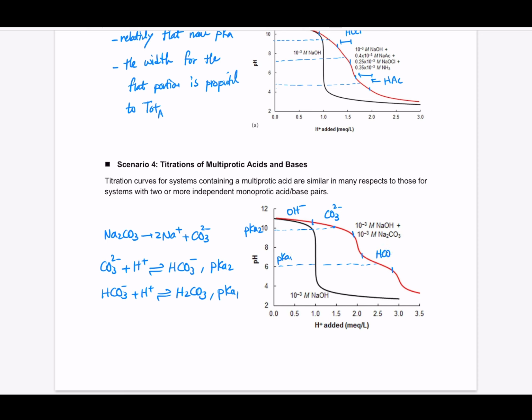Here bicarbonate is consuming the proton, then the rest is basically followed by.